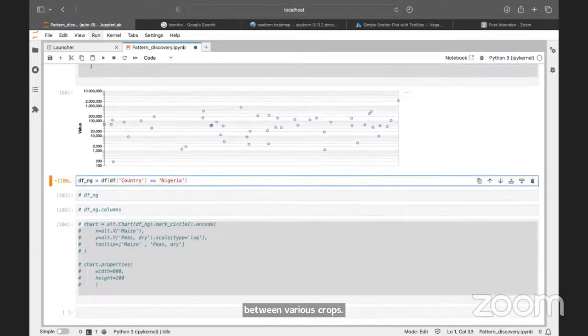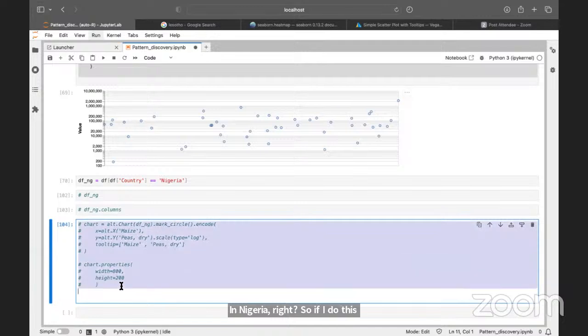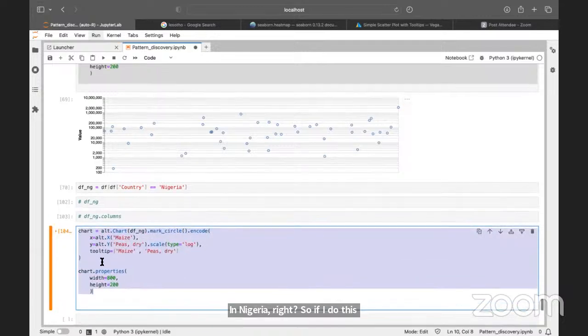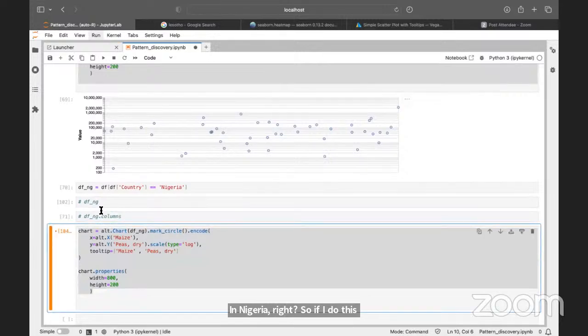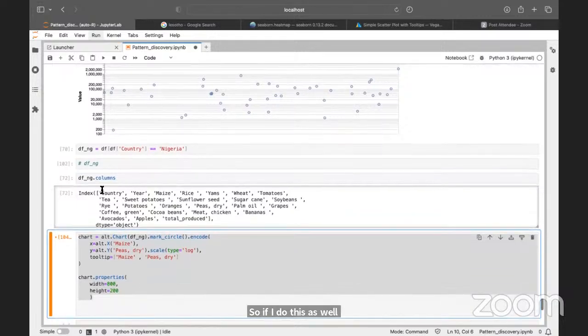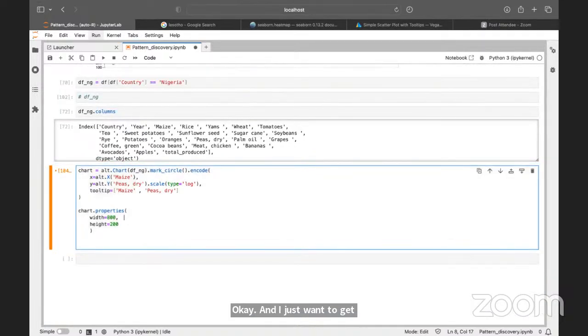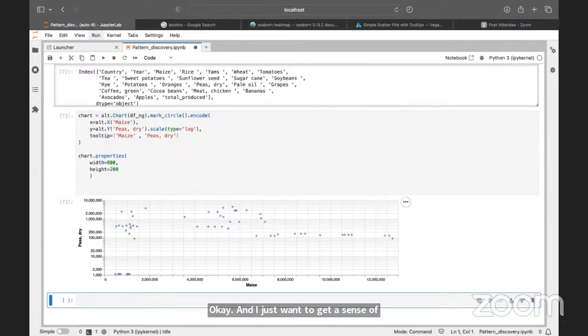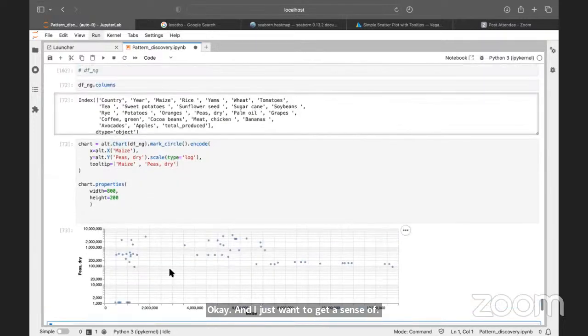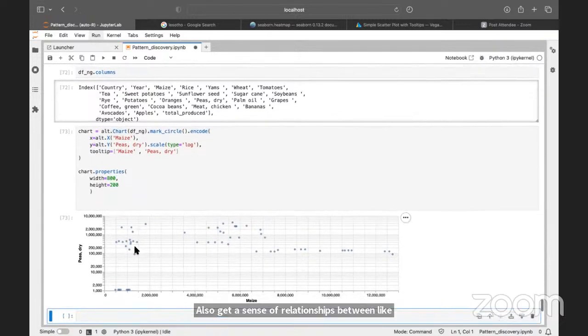So if I do this, and I just want to get a sense of relationships between the various crops.